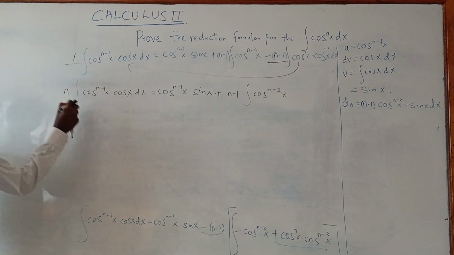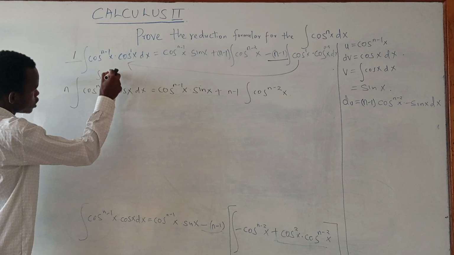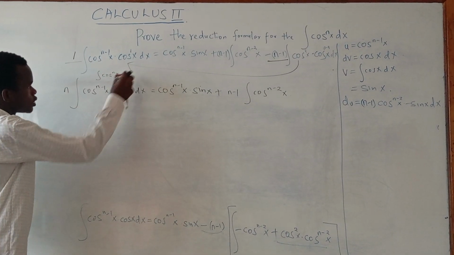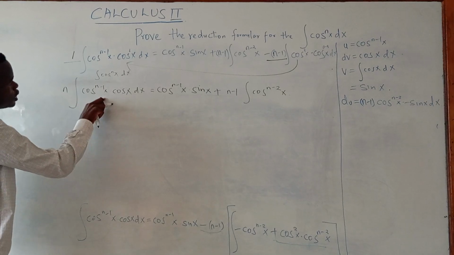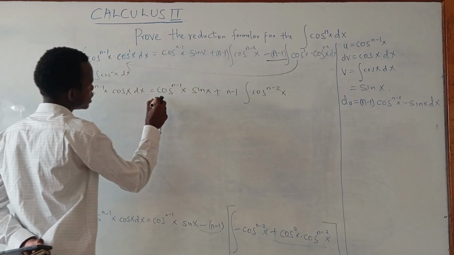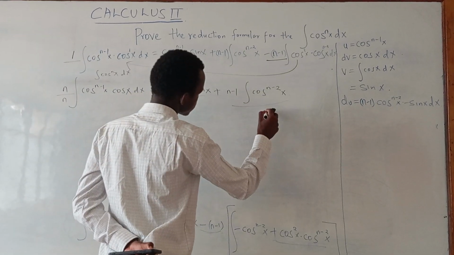We want the integral of cos to the n power dx. So this is just this. We also have to divide by n. Divide this by n. Again, divide this by n.